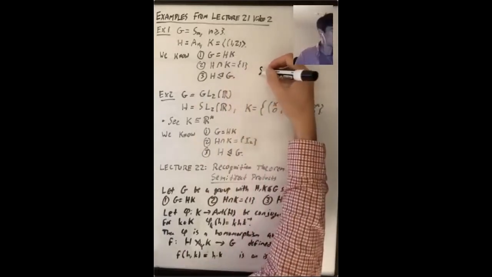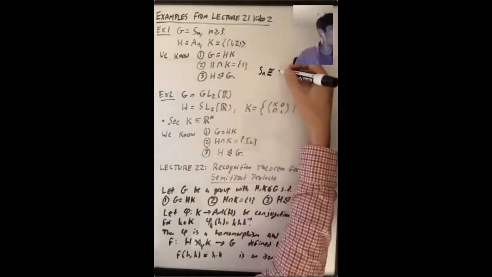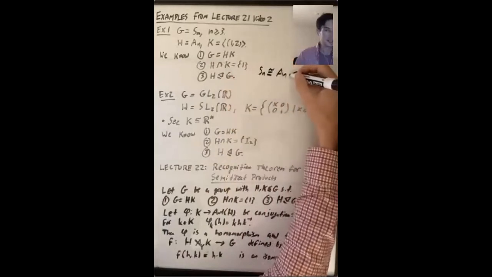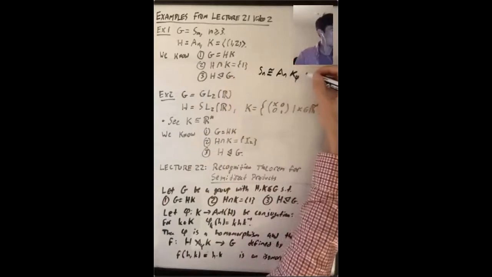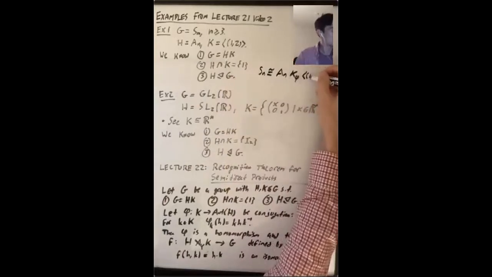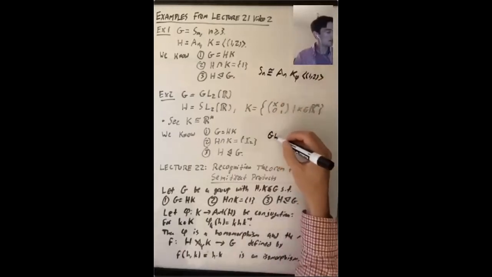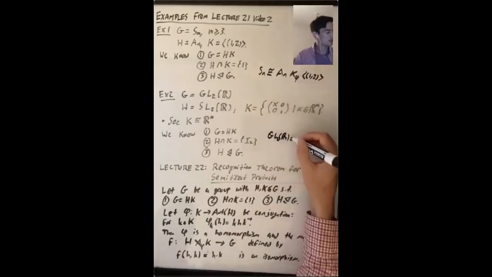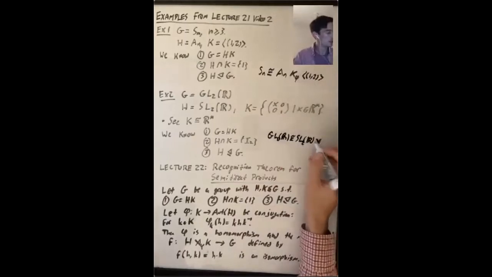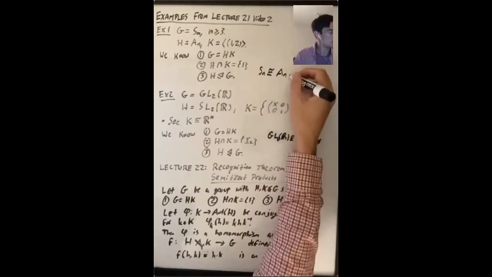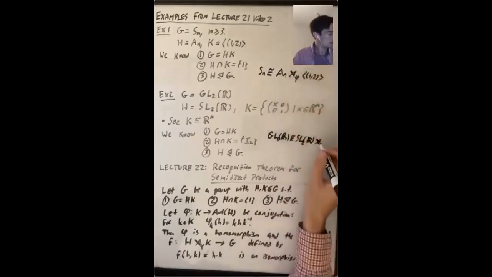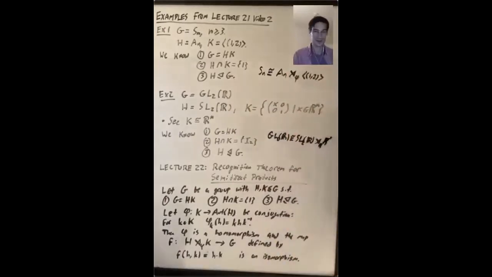We are seeing that Sn is isomorphic to An semidirect product with the cyclic subgroup generated by (1 2), and GL2R is isomorphic to the semidirect product of SL2R and this subgroup that is isomorphic to R star, writing x in the corner over here.